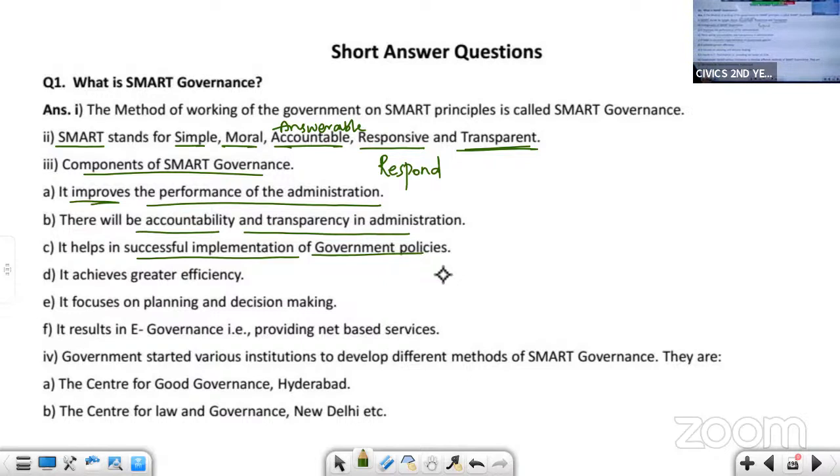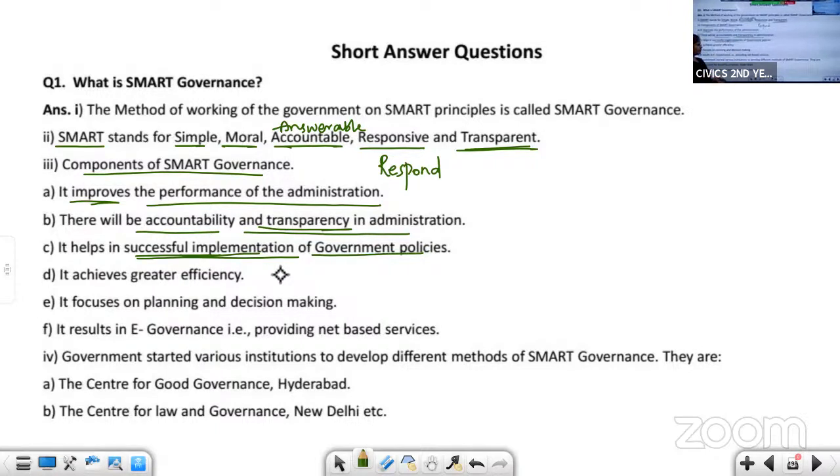When government is making a policy, the beneficiaries of the policies will have a clear understanding because it is transparent. Government is functioning transparently, so the beneficiaries will be able to get the benefits. So there is successful implementation.